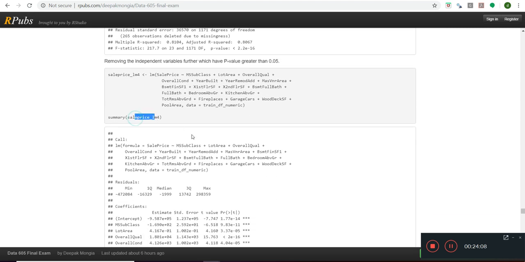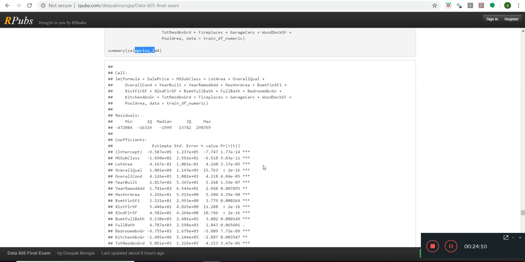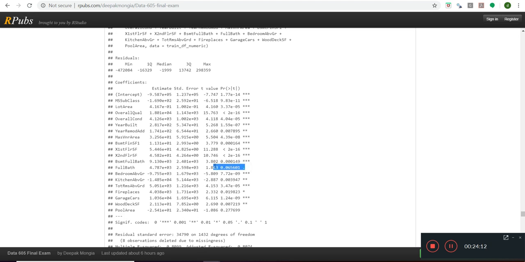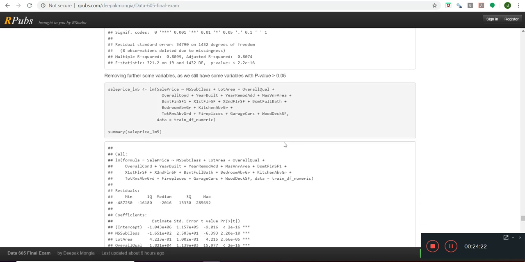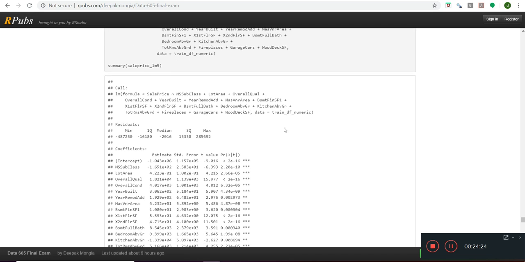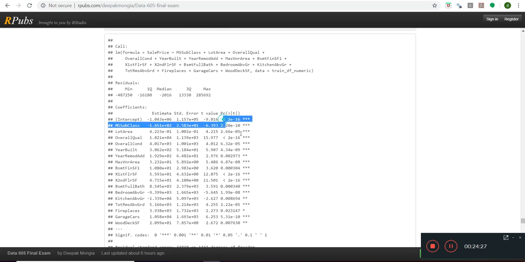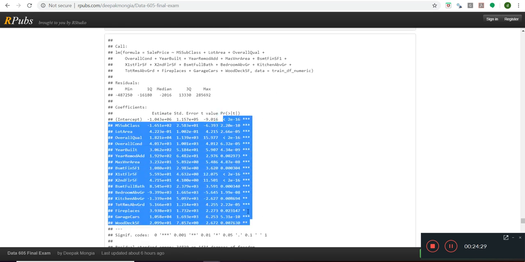So we have created a new model, and let's see here. We still have a couple of variables which have p-values greater than 0.05, so we'll remove those two variables as well. And now all the variables look to have a p-value less than 0.05.